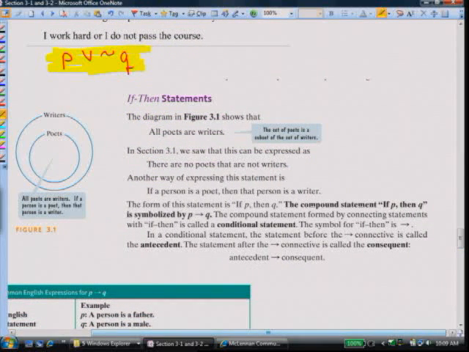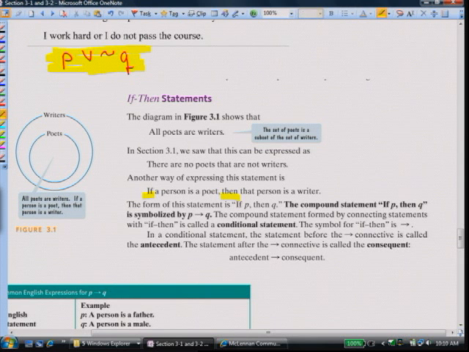Okay, if-then statements. These are fun too. The diagram in figure 3.1 shows that all poets are writers. In section 3.1, we saw that this can be expressed as there are no poets that are not writers. Another way of expressing this statement is with an if-then statement. If a person is a poet, then the person is a writer.